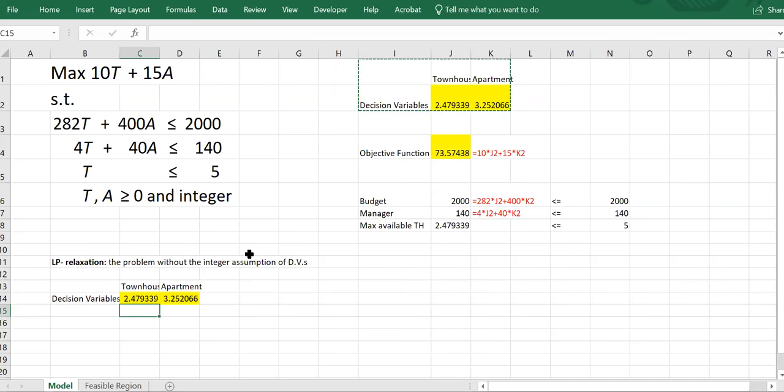But when you add the integer constraints, especially with large scale problems, it's going to take a lot of time and a lot of effort. It's going to need new methods for solving it. But in practice, usually they go first with the LP relaxation, find the answer, and then round the solution.